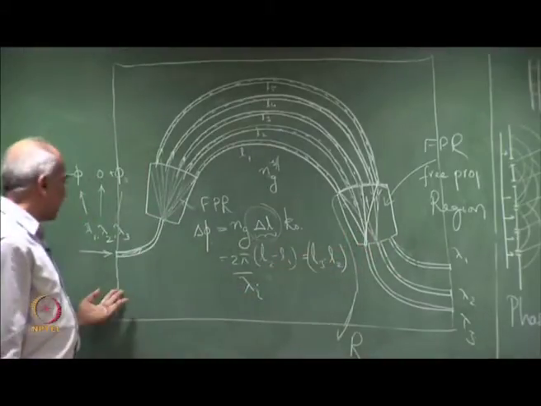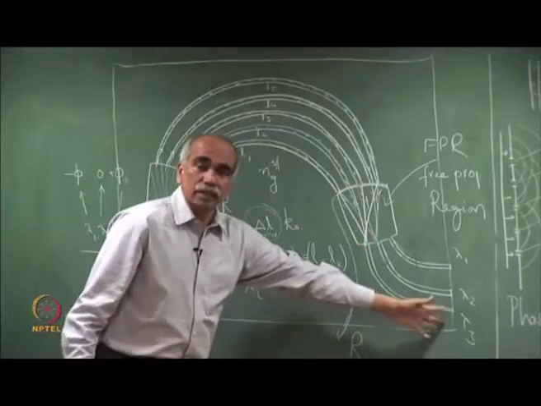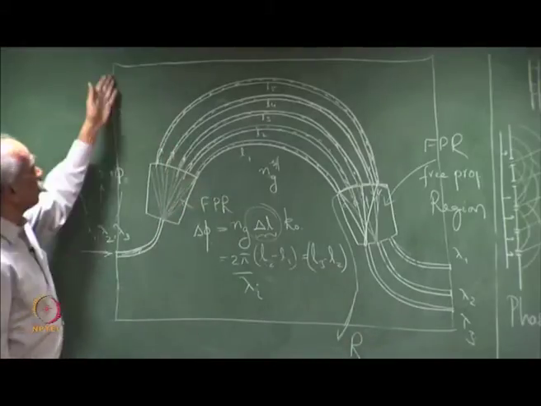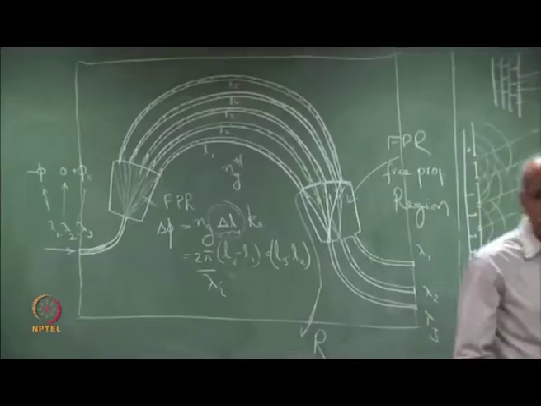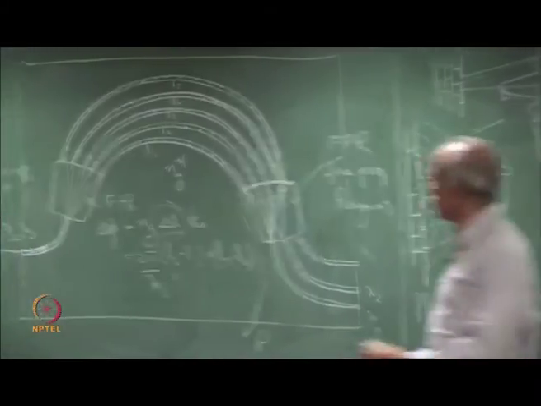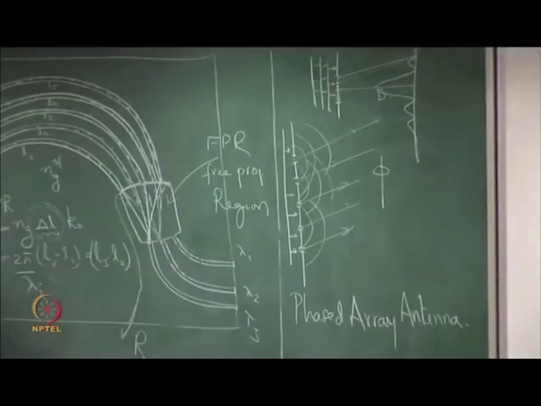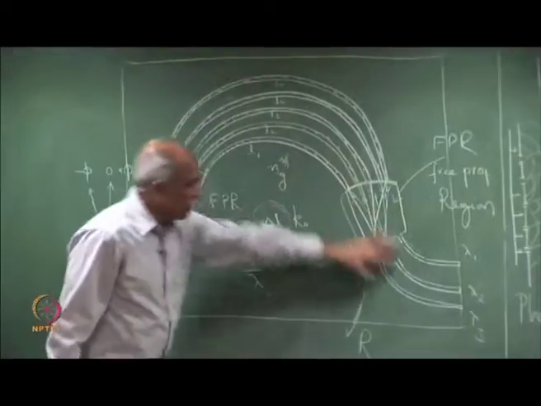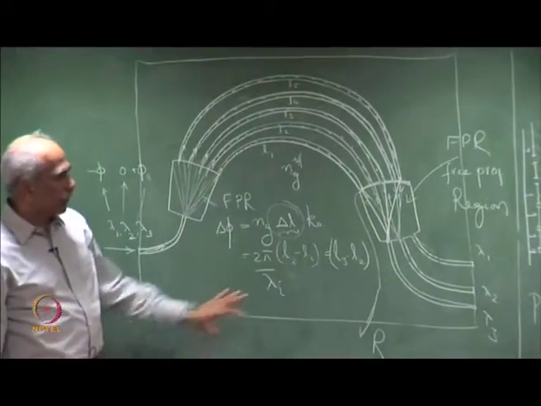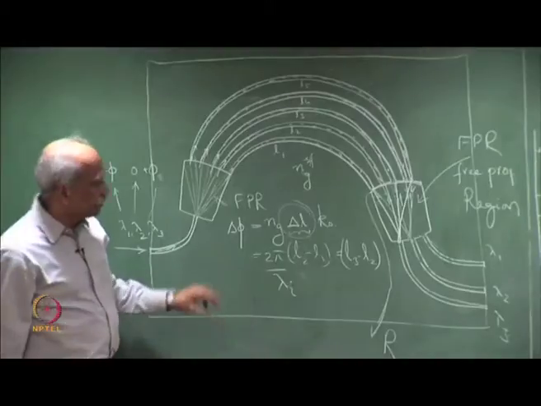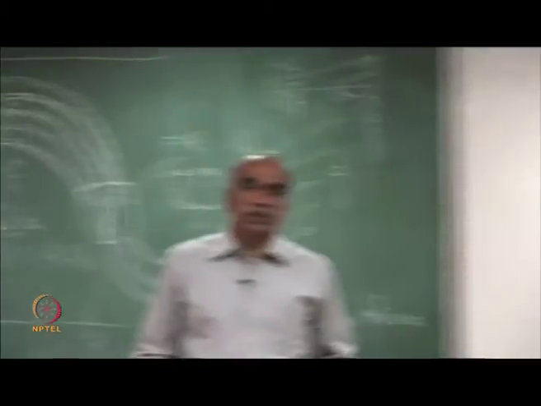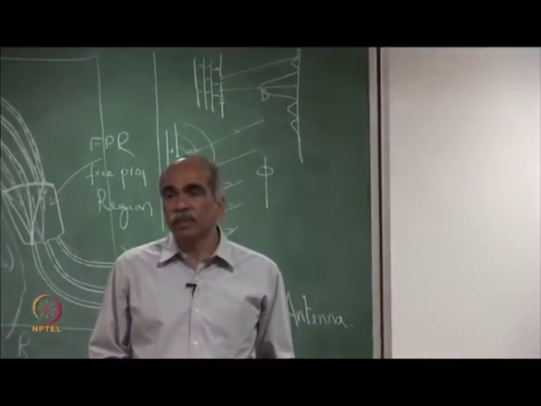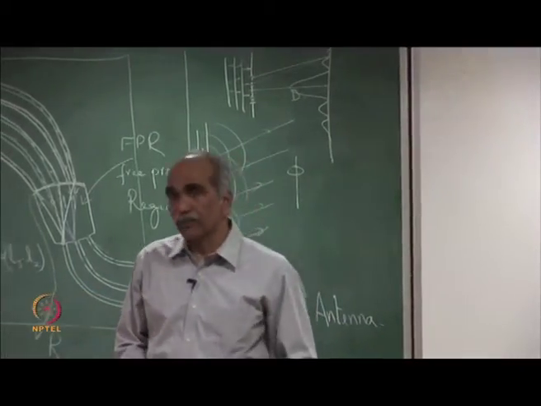So, we have a demultiplexer functioning like this. As I said, the whole dimension could be 5 mm by 5 mm or less. So, it is a very small device, and the details of the design we are not going into, but this is a very important device in realizing transmitters and receivers in DWDM systems.